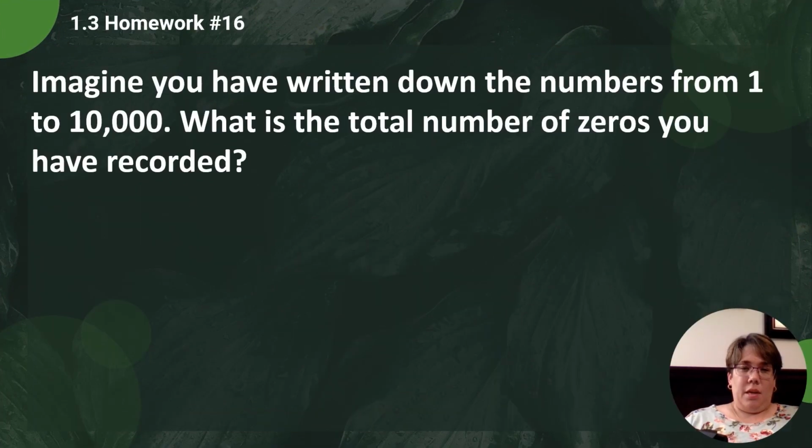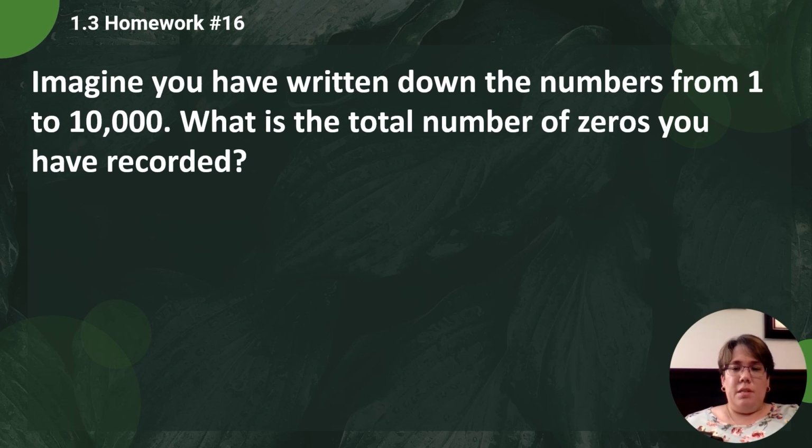Okay, now we're going to look at the final two homework questions, which several people have a really hard time with, and I will say these are very tough questions. I want to look at number 16 before number 15. Number 16 says, imagine that you've written down the numbers from 1 to 10,000.